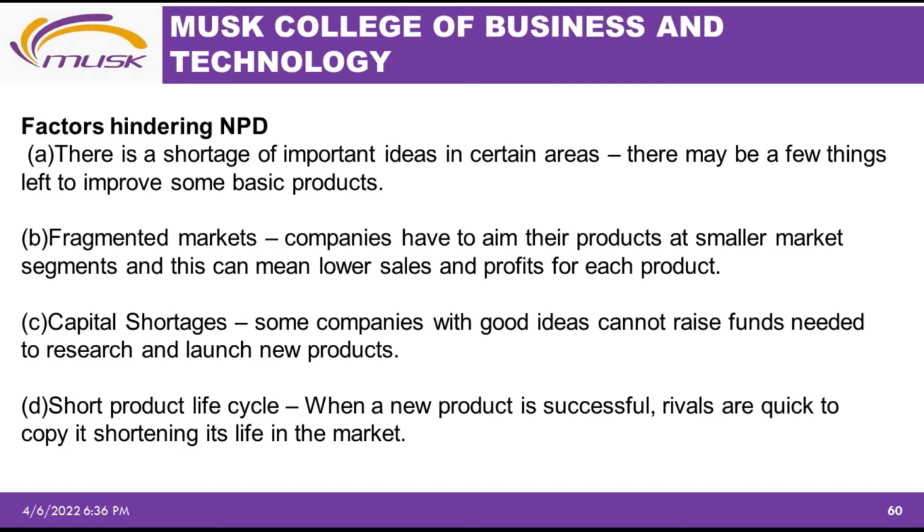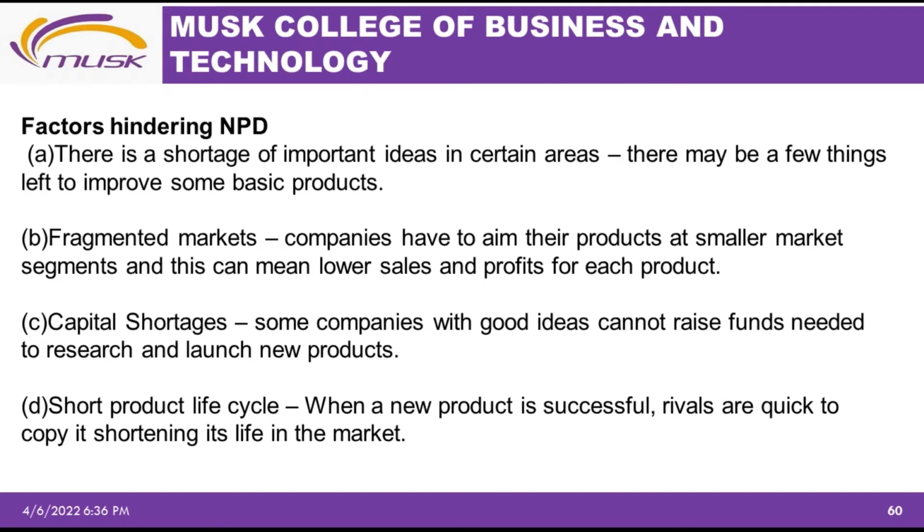Companies have to aim their products at smaller market segments, and this can mean lower sales and profits for each product. Another factor hindering new product development is capital shortages. Remember, we need funds to be able to develop even what we are saying is not very new.